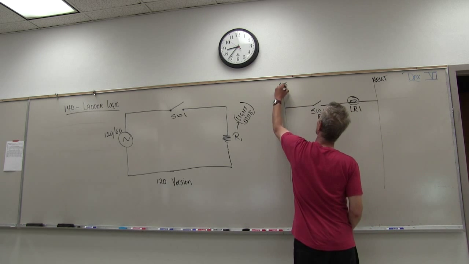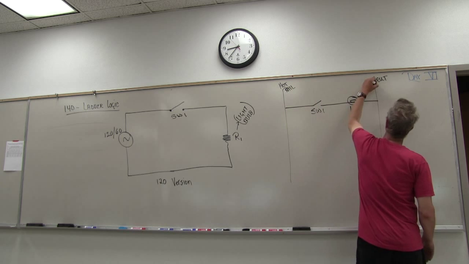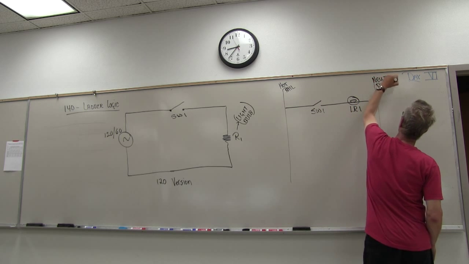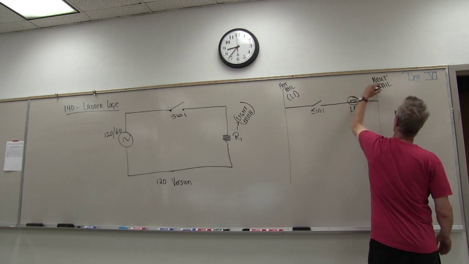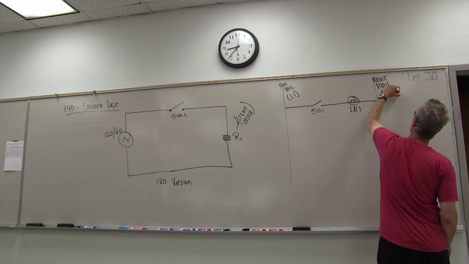Hot rail, neutral rail, we typically call this one L1. And we typically call this one L2.